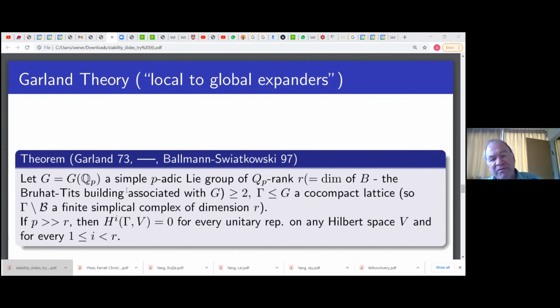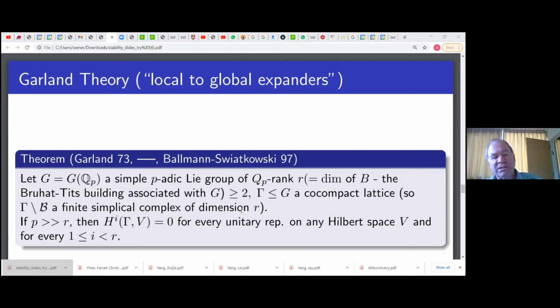Now, Garland proved that if the rank is at least 2, and if gamma is a co-compact lattice in G, which means that it's a discrete group so that G mod gamma is co-compact, or equivalently, that when gamma acts on the Bruhat-Tits building B, the quotient is a finite simplicial complex of dimension R. Anyway, this is just introduction.